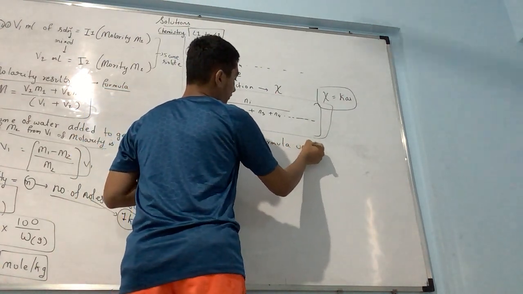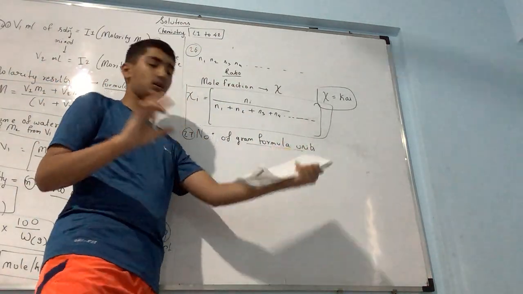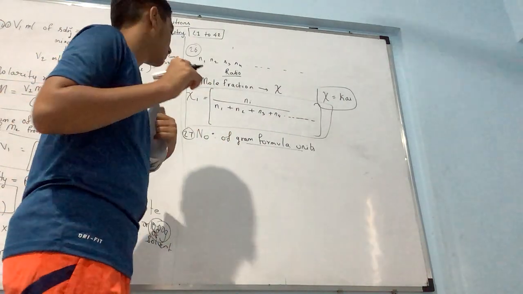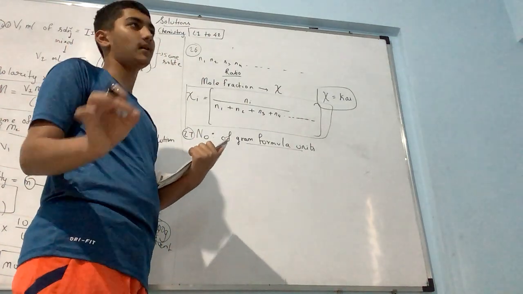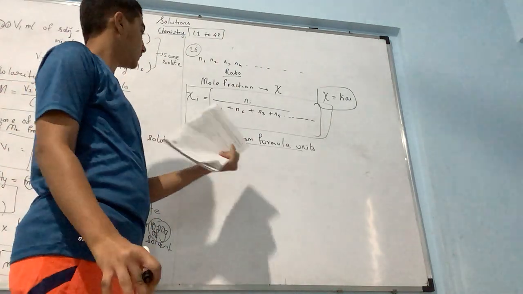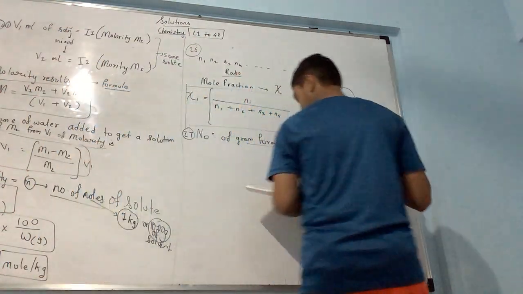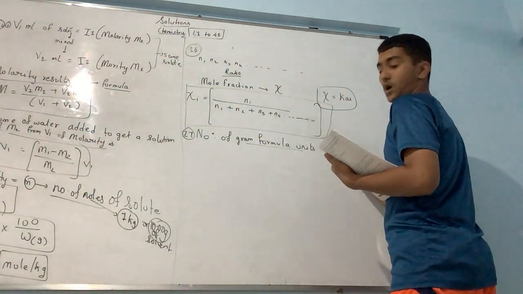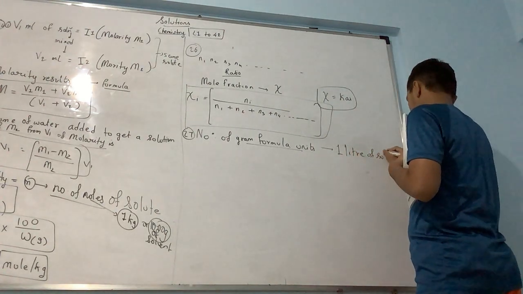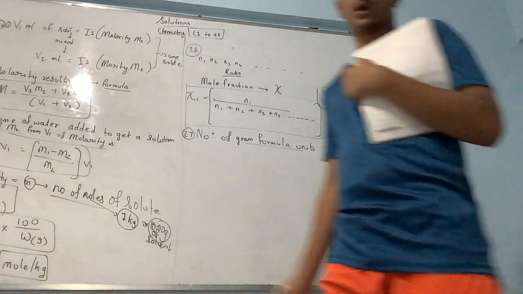If you don't get it, just keep in mind it is equivalent grams, like the number of equivalent grams in 1 kg of solution is called molarity. Like that, the number of gram formula units present in 1 liter of solution.